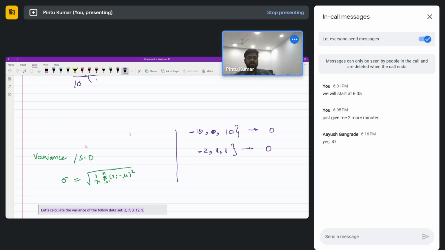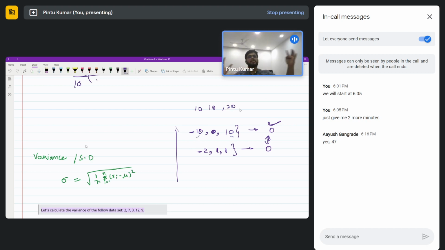But there is something about this data set that the mean is not capturing. If you want to represent this data with a number, let's say with the mean of this data set, then it is not capturing the variation that this data set has. The difference between minus 10 and 0 is 10, between 0 and 10 is also 10, and between minus 10 and 10 it's 20, right?